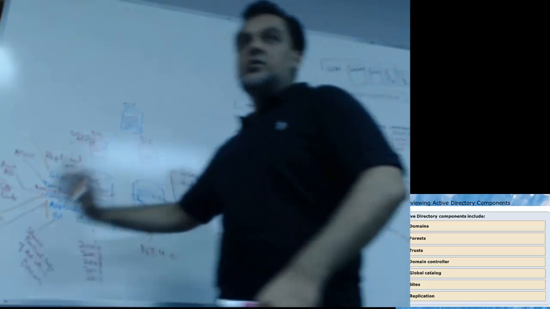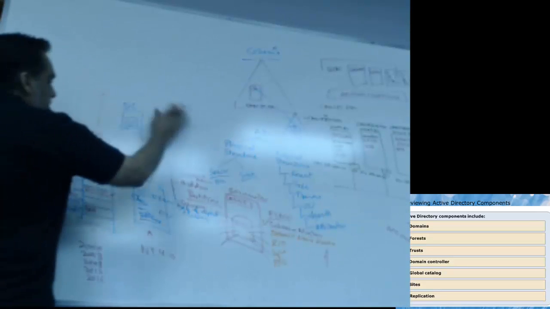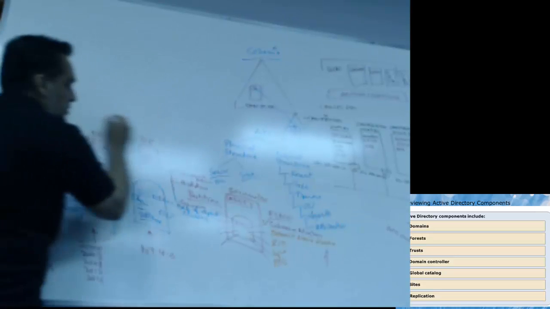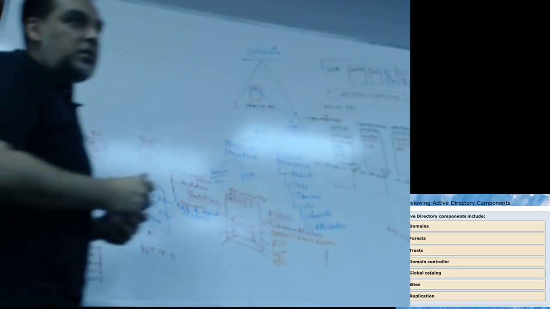So these are all of the FSMO roles here. This is all of the partitions on this side. Guys, this is the basics of Active Directory that you must remember before starting Exchange. You must have this in mind.